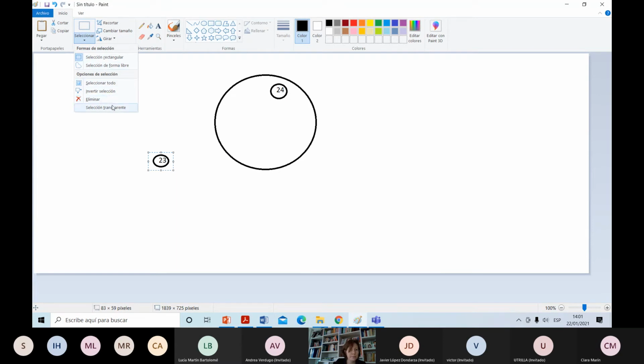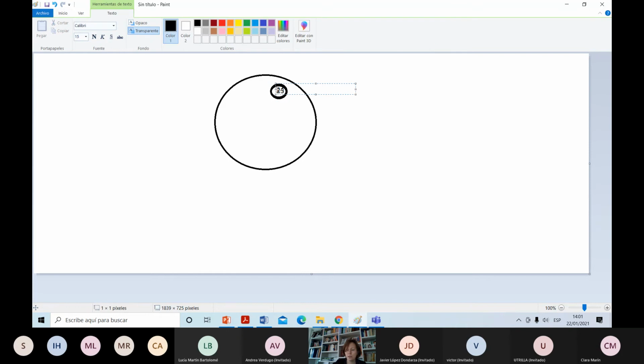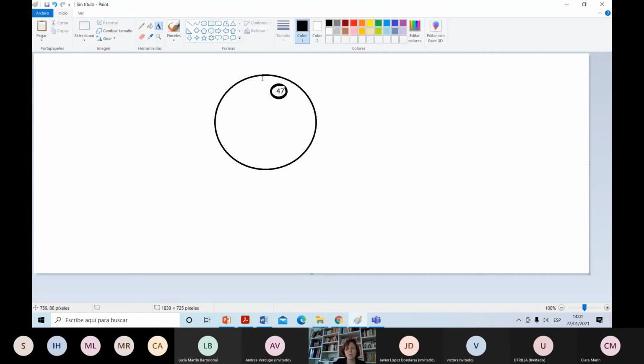When this sperm cell's nucleus enters, instead of having 23, I would have 47 chromosomes. Here, 47 chromosomes.